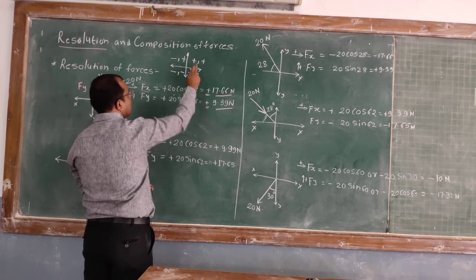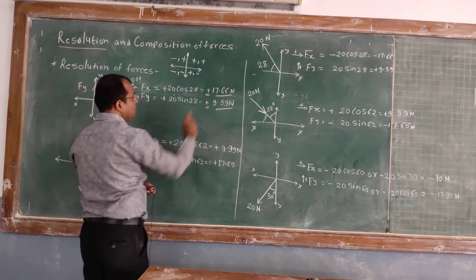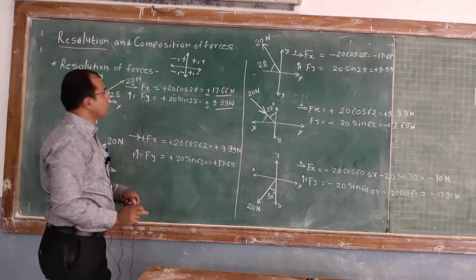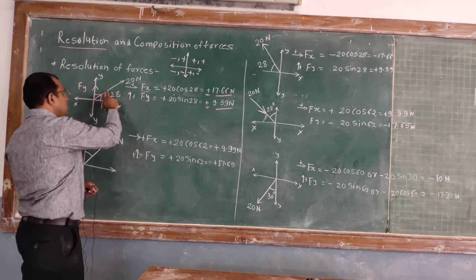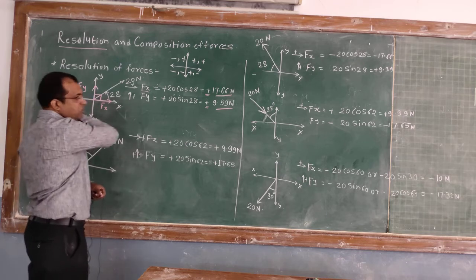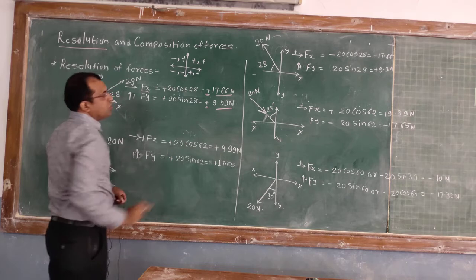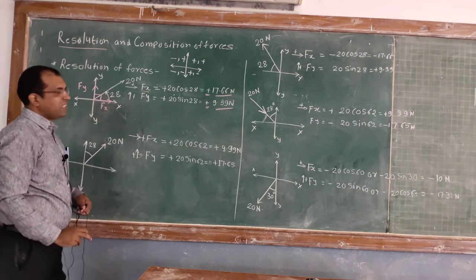So according to this quadrant system, we have to give the sign to the x and y components of the force. Now this 20 Newton force is in the first quadrant. The component going towards the positive x direction is positive, 17.66, our answer.